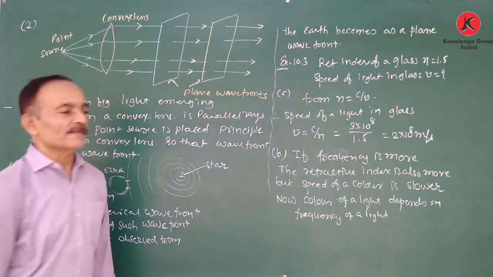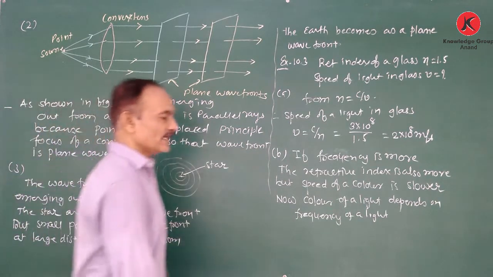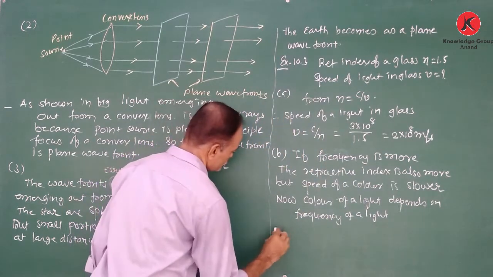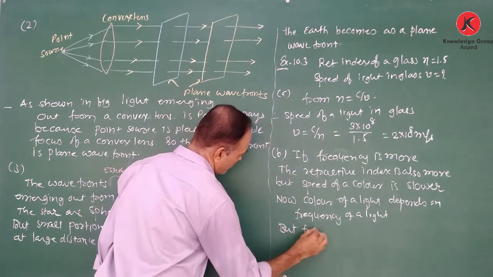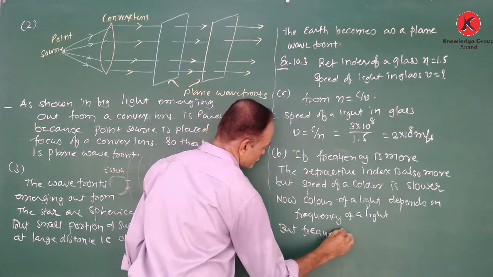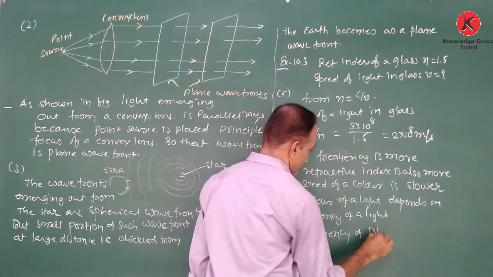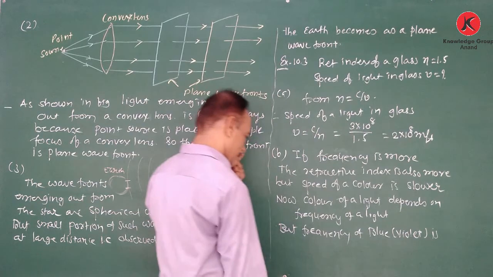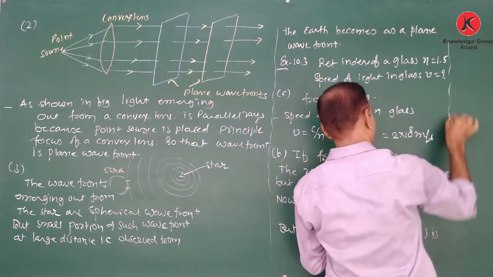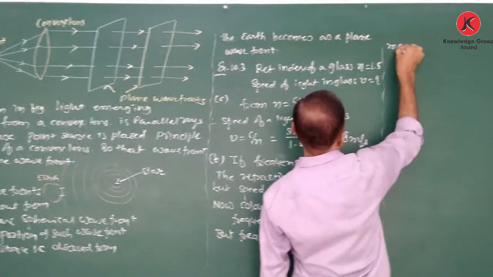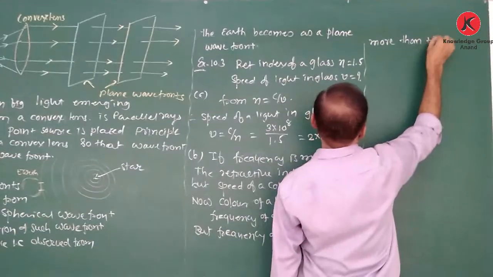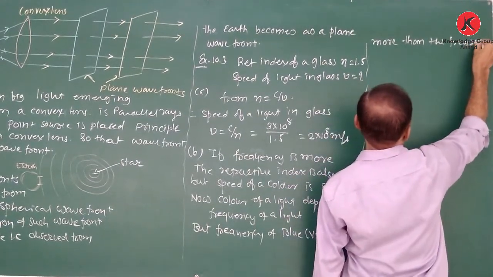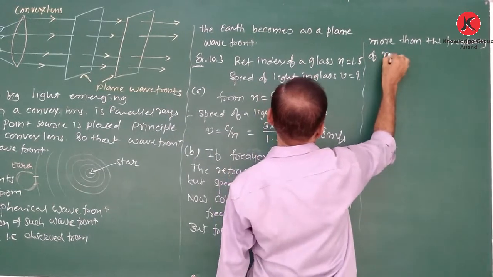Now, the frequency of blue light is more. We know that from red to violet, the frequency of blue color, that means violet, is more than the frequency of red color.